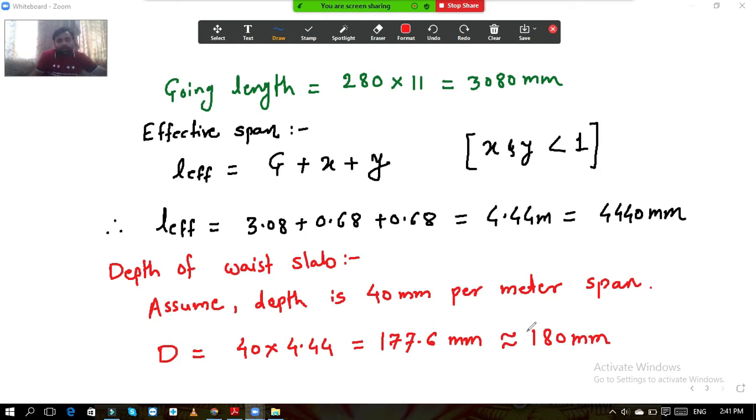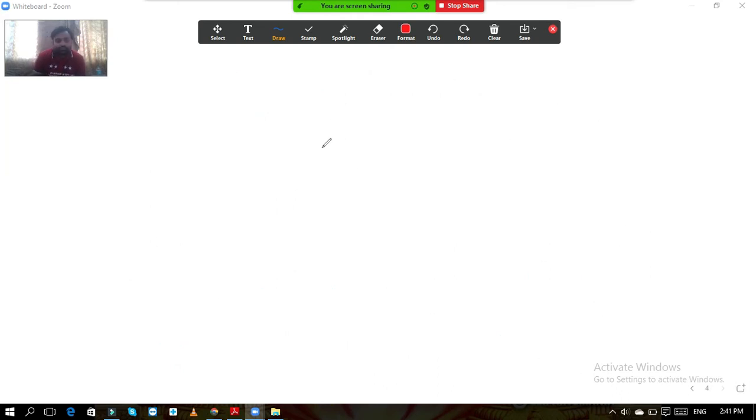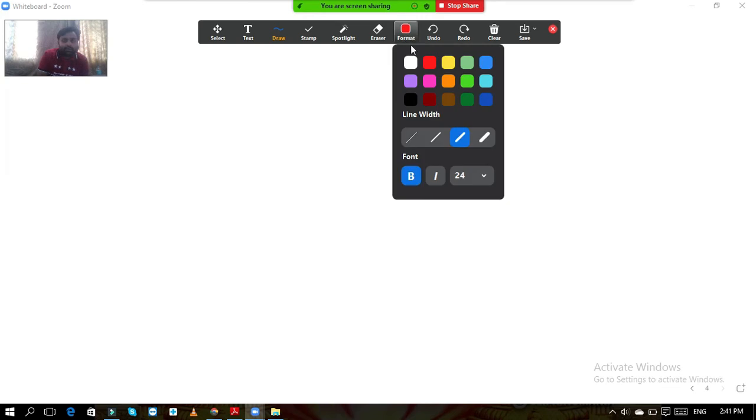So now we will take the loads, different types of loads acting on the staircase. I will write here next heading, loading calculations. Now we know the depth, we know the span, so we will calculate the loading now.